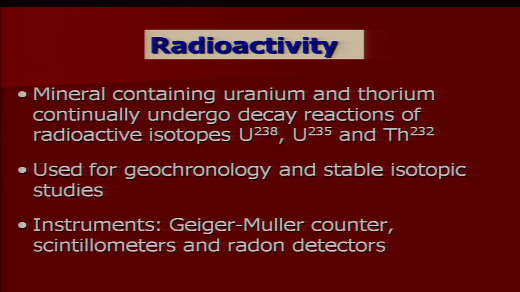The important instruments used to detect alpha, beta and gamma radiations are the Geiger-Müller counter, scintillation counter and radon detectors. They are easily available in the laboratory and you can detect radioactivity in these minerals.